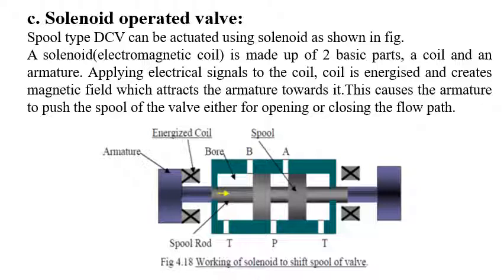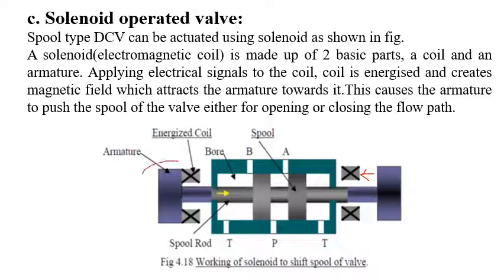Here when you supply the electrical signal to the coil, and once the coil is energized, it creates a magnetic field, and that is more than enough to attract the armature towards it. So because of this magnetic field, the armature is attracted towards it, meaning this armature comes and joins the coil.